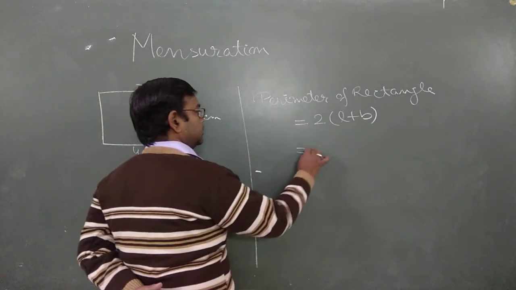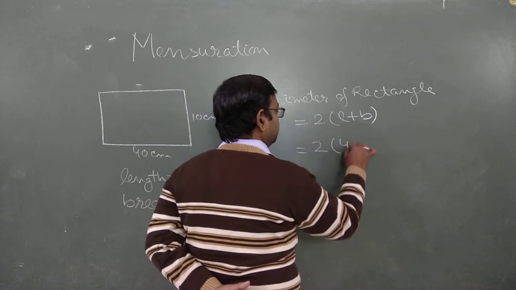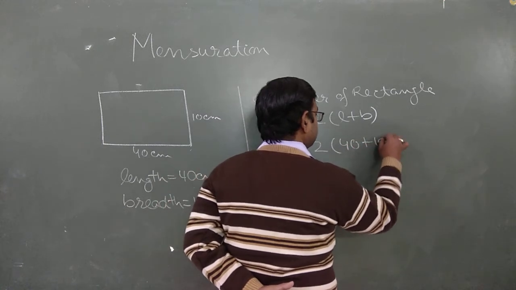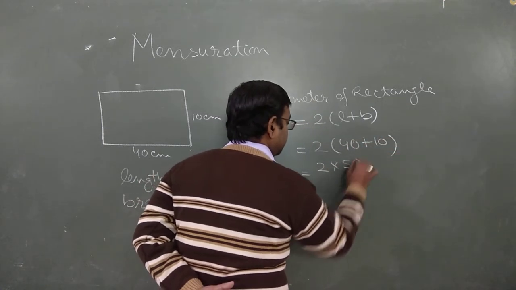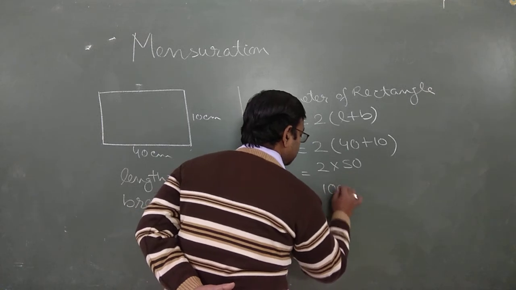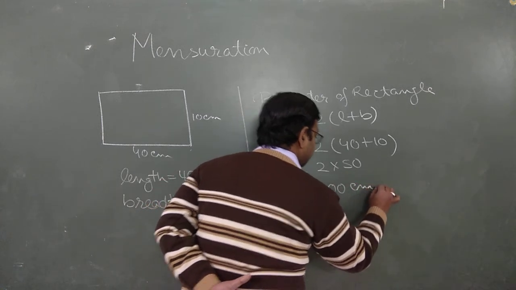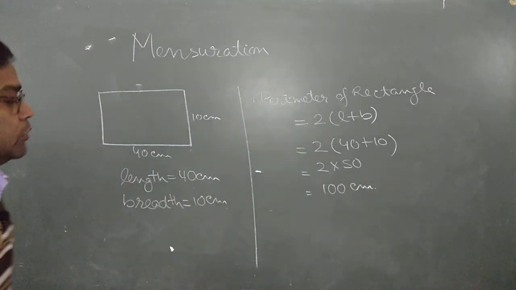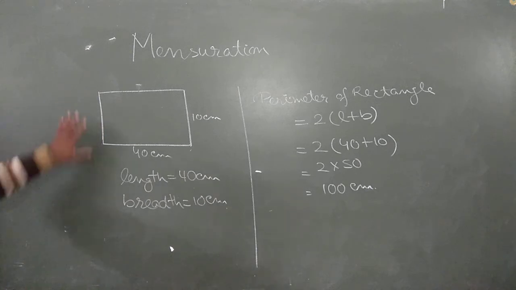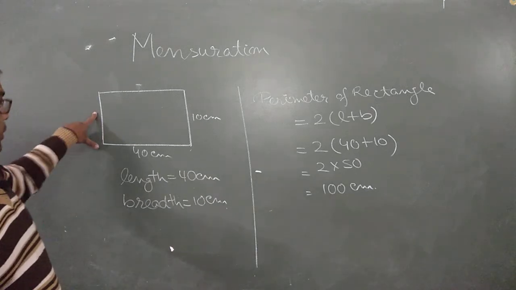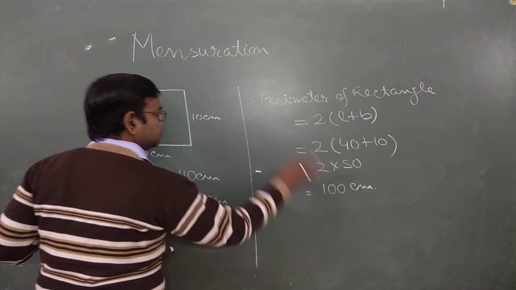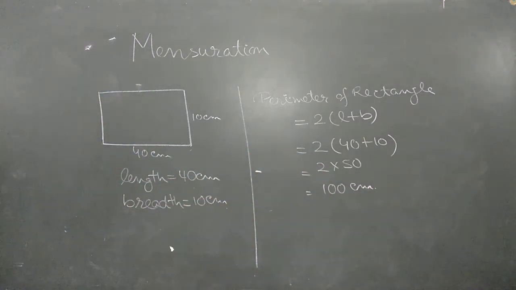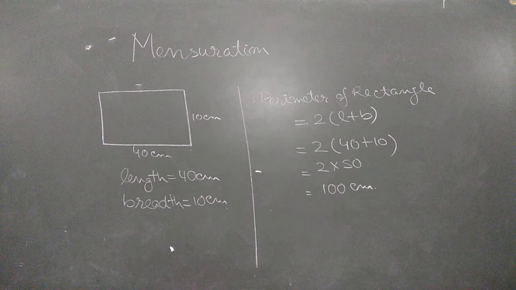So what is the length? It's 2 into (40 plus 10), that is 2 into 50, and this is 100. What is the unit? 100 centimeter. So this is your answer. Likewise solve. First write down what is given to you, draw the figure, then write down the formula and place the values to get the solution. And now I am going to discuss today's last question.